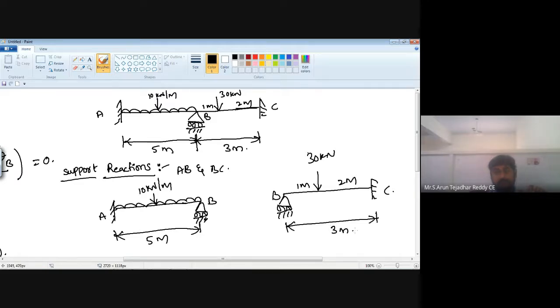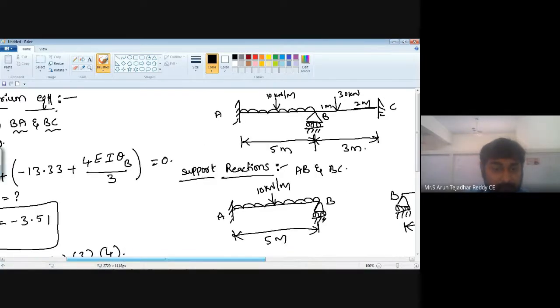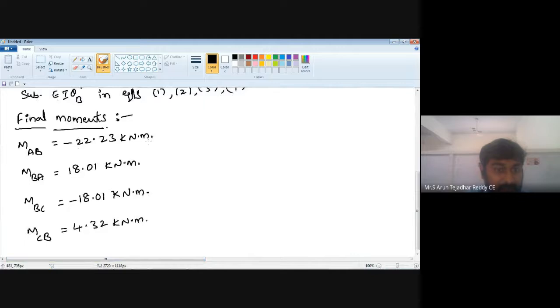It is 3 meter. And see, already we have calculated the final moments. The final moments are for A to B, B to A, next B to C, C to B. It is not a single point. It is for MAB, MBA, MCB, MBC.